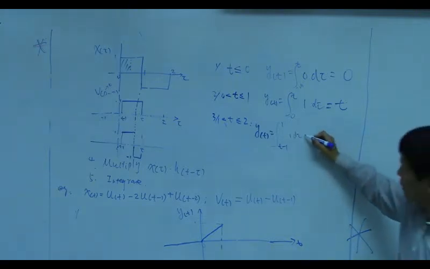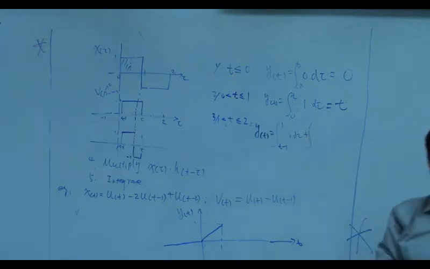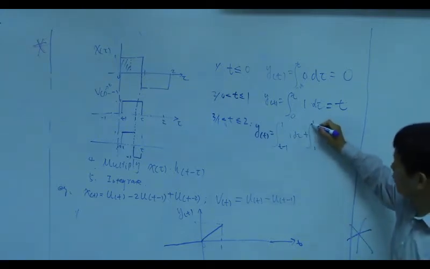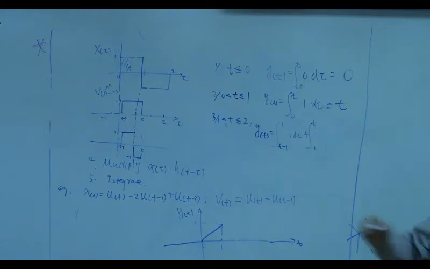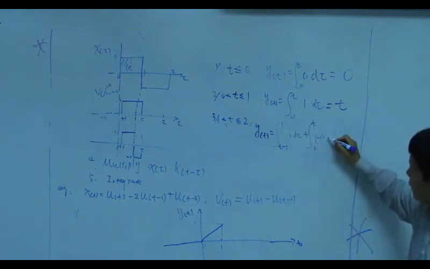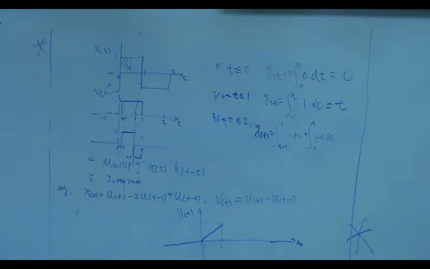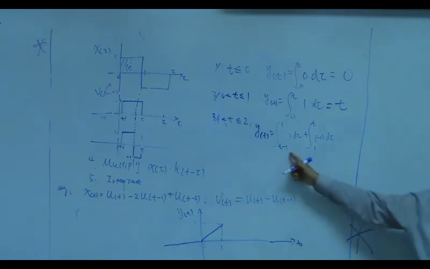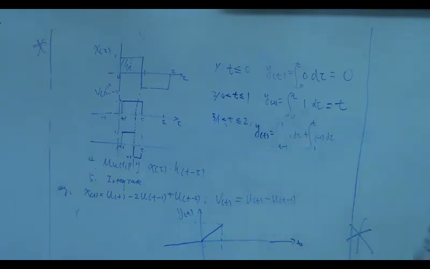Then we need to add another part, the second part. From 1 to where? To t. What's the function? Negative 1. Perfect. Then the top. So we determine the lower bound, upper bound, and the integrand. Then the next part is trivial.